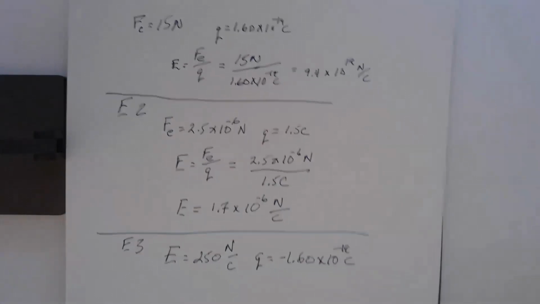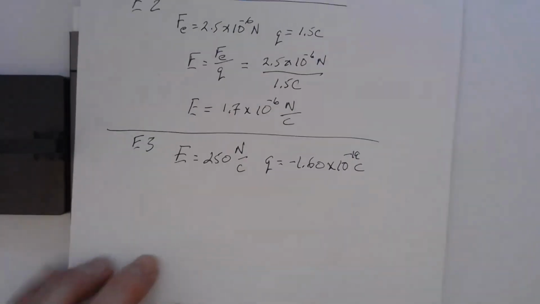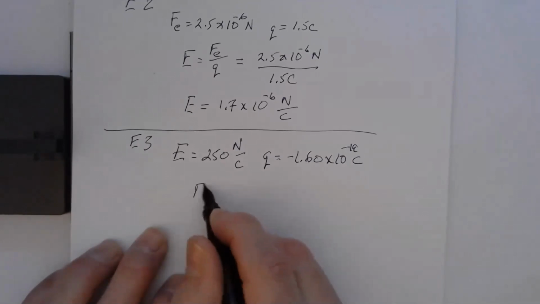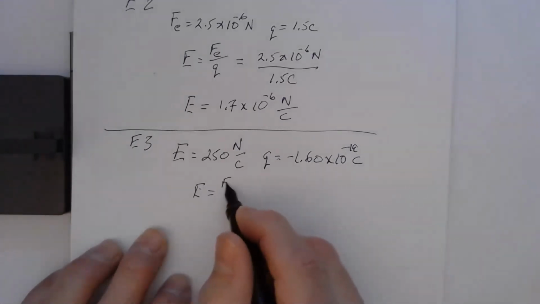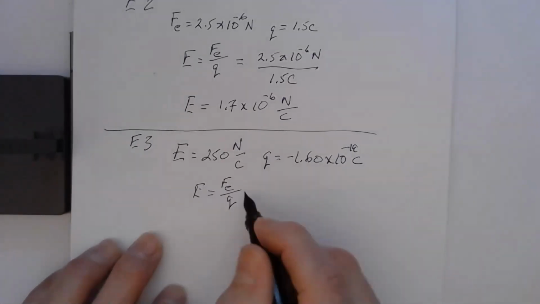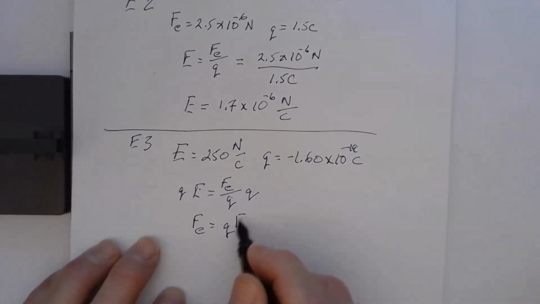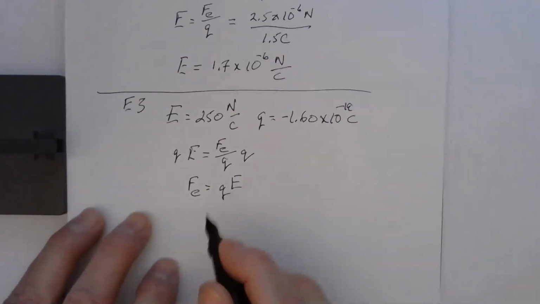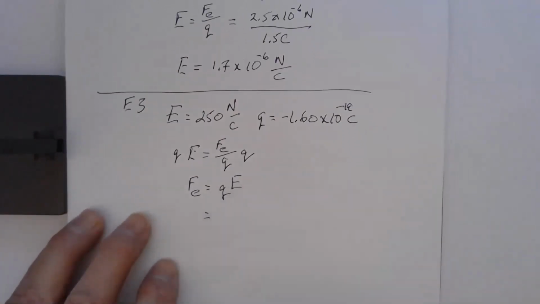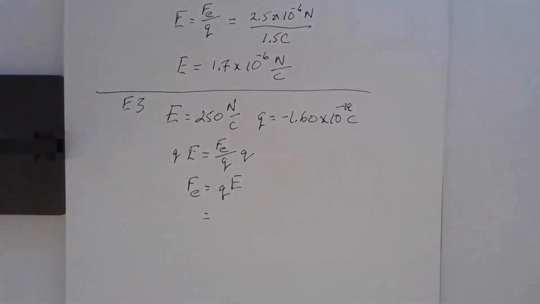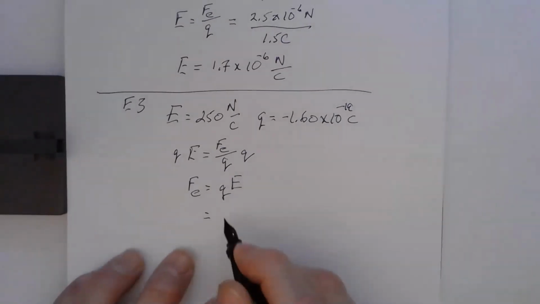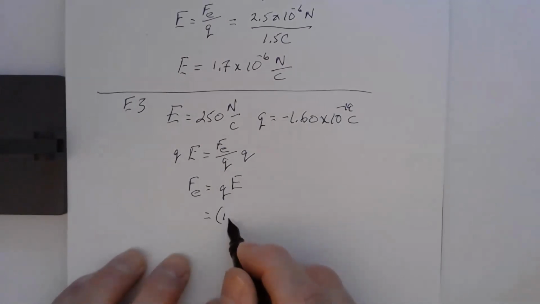Now here we have the problem. We have E equals Fe over Q, multiplying both sides by Q. Fe equals Q times E. Remember now, with this force and the field, we're only dealing with the magnitude. So I'm just going to put the magnitude here.